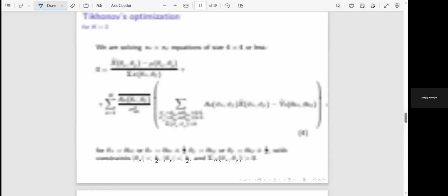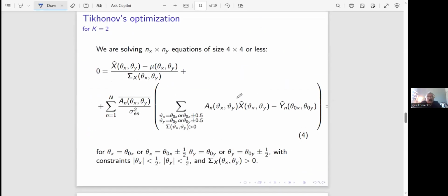How many equations do you have? You have 16 equations. For each equation you have only one number, what you call to divide, that big sigma of x, theta x, theta y, correct?